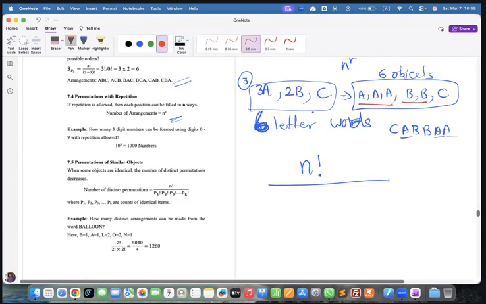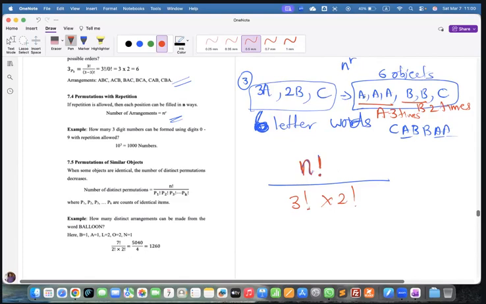So now the equation is n factorial divided by 3 factorial into 2 factorial.